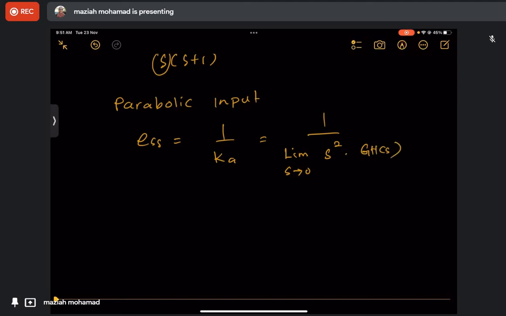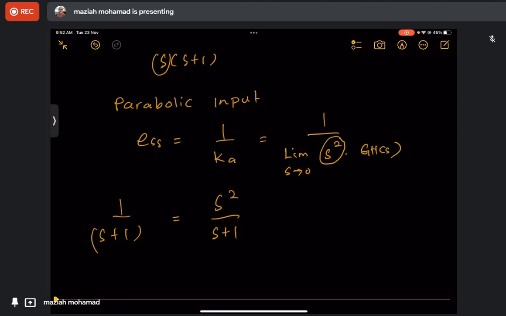So if it is class 0, 1 over s plus 1, the s square here will become 0, because if you multiply, it will become s square over s plus 1.